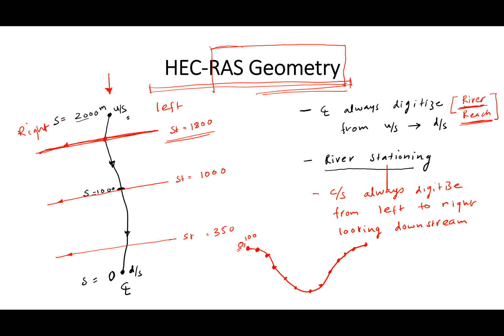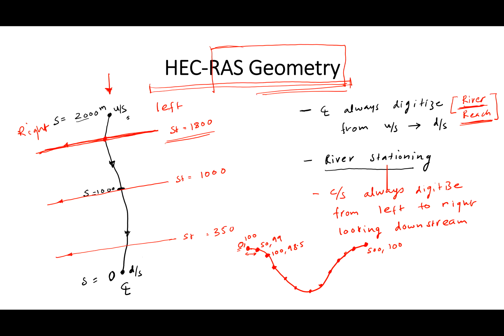Now this is the second point. If these two points are 50 meters apart, the station will be 50, and let's say the elevation is 99. If the next point is again 50 meters apart, then the station will be 100 and the elevation will be 98.5. If the whole cross section is 500 meters, the station at the last point will be 500, and the elevation, let's say, again 100.